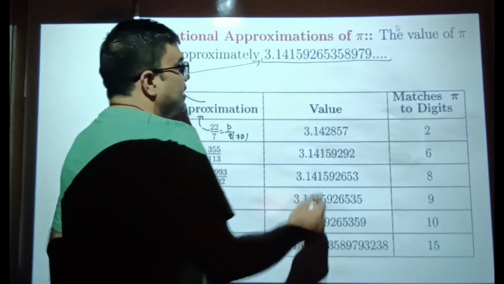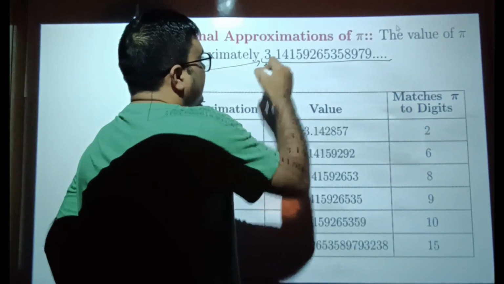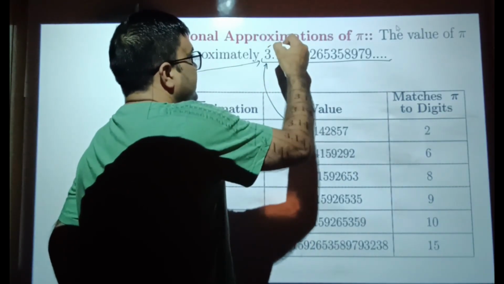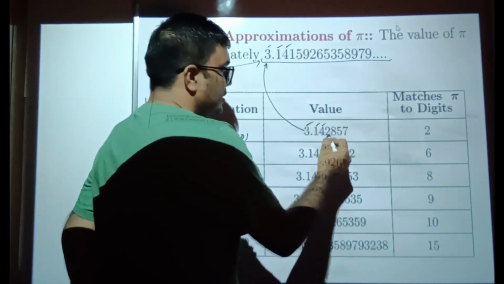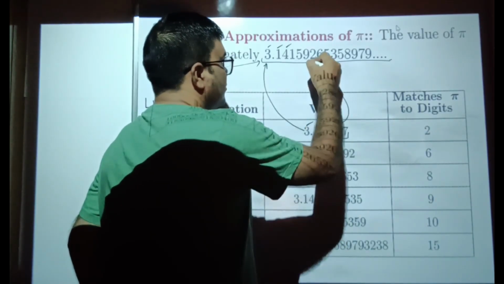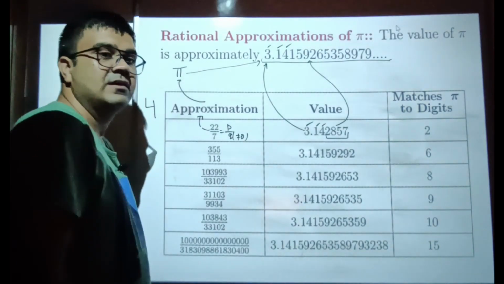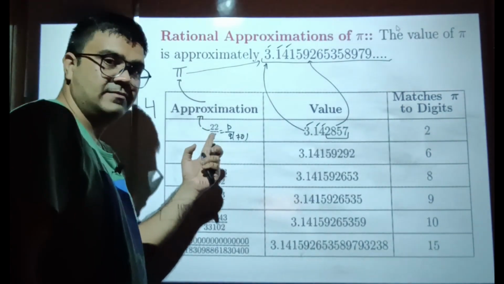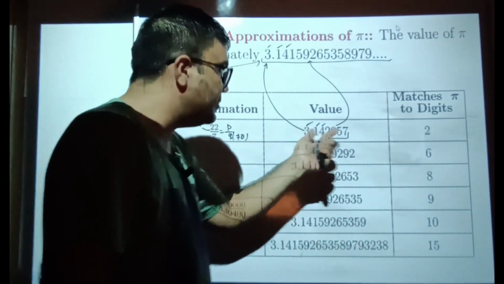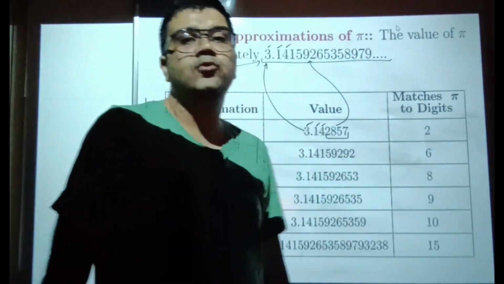If we compare it with the value of pi, you will see this is 3.14, and the rest of the digits do not match with the value of pi. So whenever we use pi as 22 by 7, the approximate value matches up to 2 decimal places.